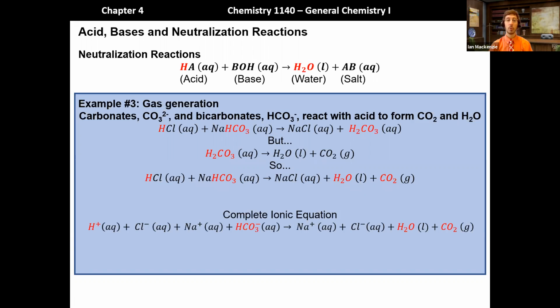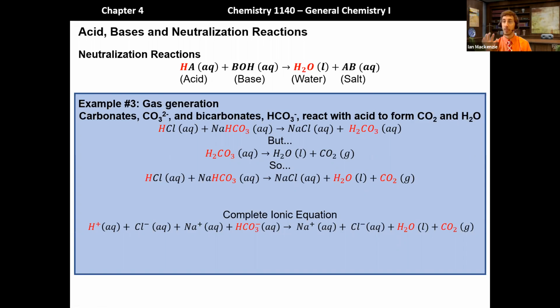Now we can write our total or complete ionic equation by, again, dissociating anything that's listed as aqueous. So on the reactant side, everything's listed as aqueous and it dissociates. You have the proton, chloride, sodium ions, and the bicarbonate ion. On the right side, sodium chloride also dissociates, but water and CO2 do not dissociate.